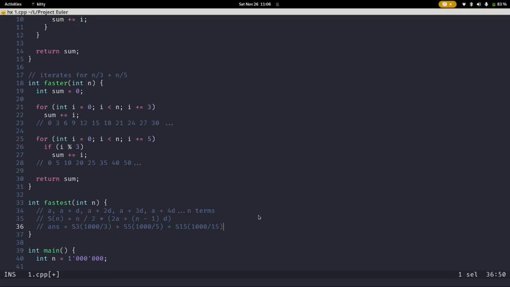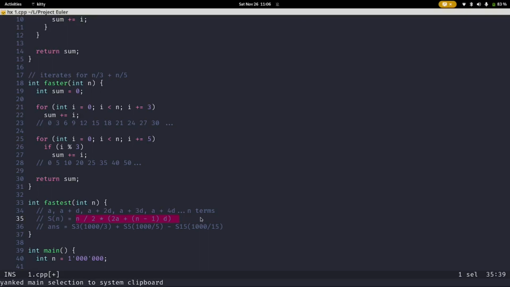I can replace 1000 by n for generality, but we're adding the sums of 3 and 5, and subtracting the sum of those 15 multiples, and that will give us the answer. Now this is a constant expression.